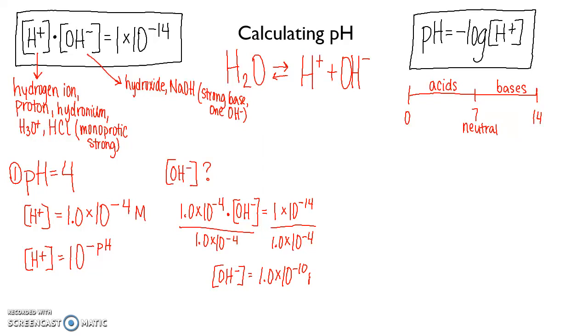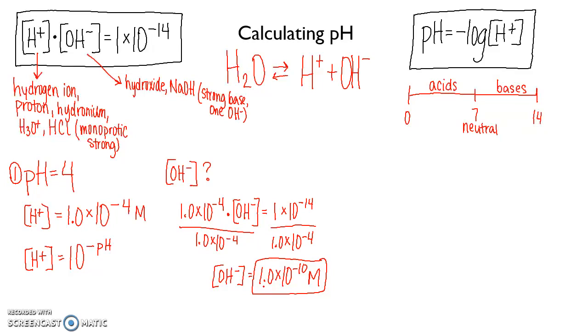And again, it's a concentration, so make sure you have units, which in this case would be molarity. So this is one example of a calculation. If you're given a pH, you can find your H+ concentration using this idea. You might have to use your calculator if you're not sure how to do it. Then you can find your hydroxide concentration using that first equation.